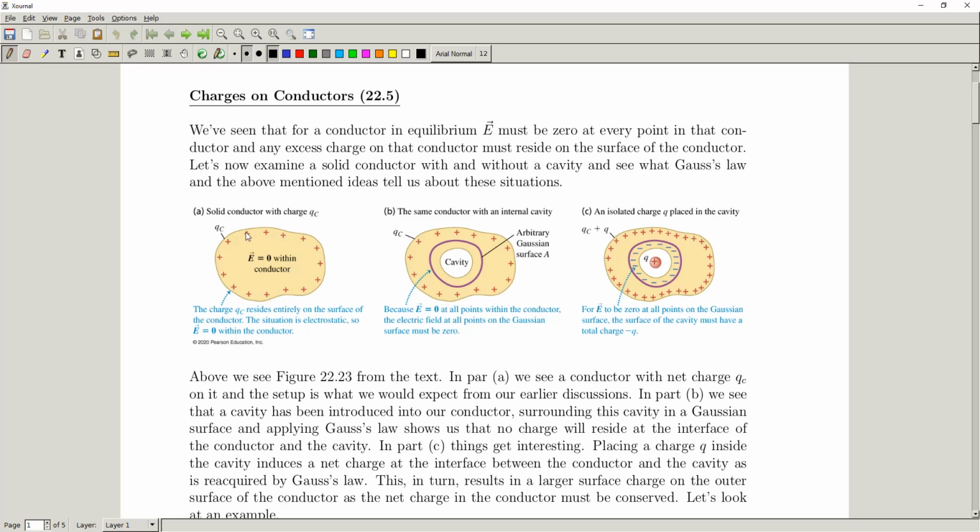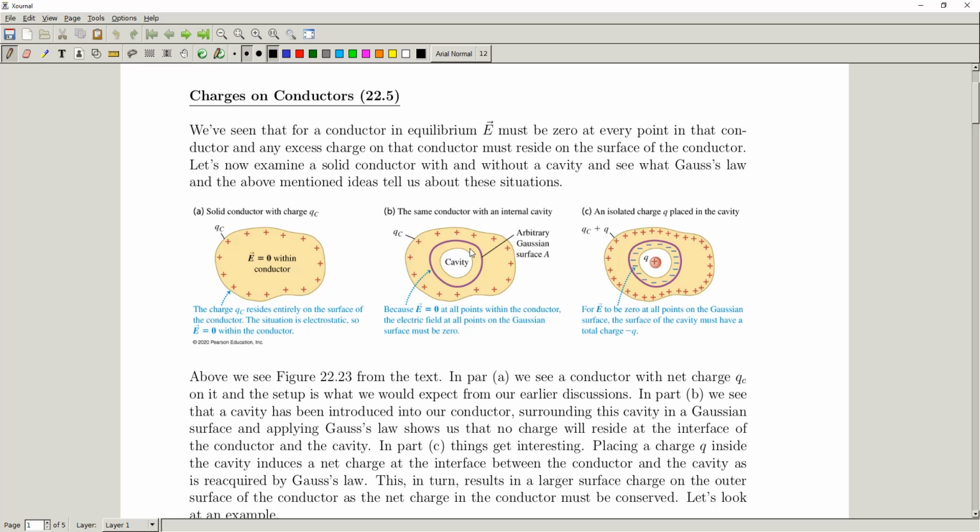What if we take this conductor and clear out a cavity in the center of the conductor? We might wonder, should we expect to see the charge, this Q_C, distributing itself around the surface of this inside cavity? We can answer that question by using Gauss's law.